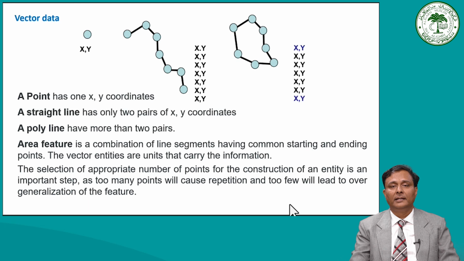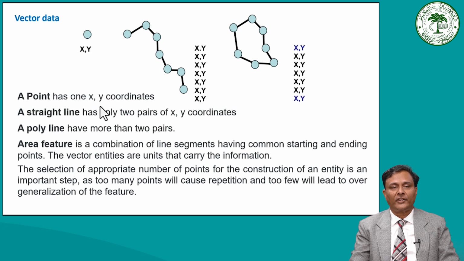So vector data is familiar with the coordinate geometry representation of specifying a point, line, or polygon by two-dimensional coordinates, because of the assumption that the real world can be divided into clearly defined elements. So a point has one XY coordinate, as you can see in this diagram.